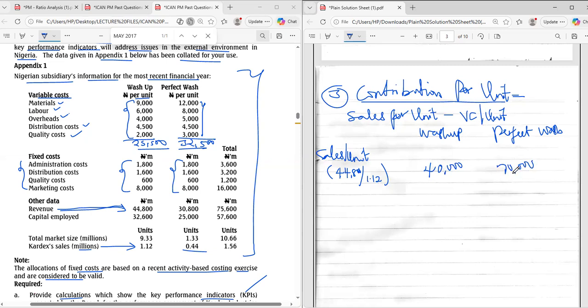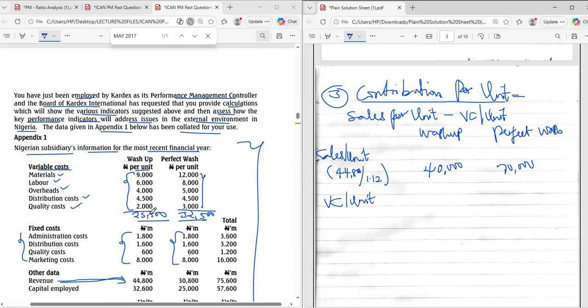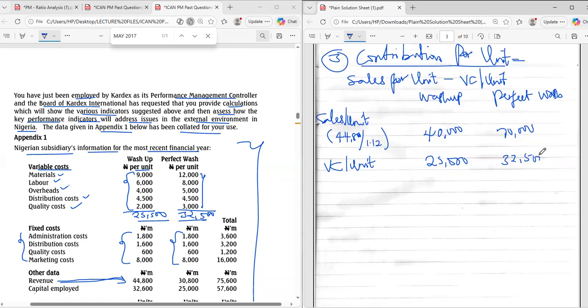What's our variable cost per unit? 25,500 and 32,500. Help me minus. That is your contribution.